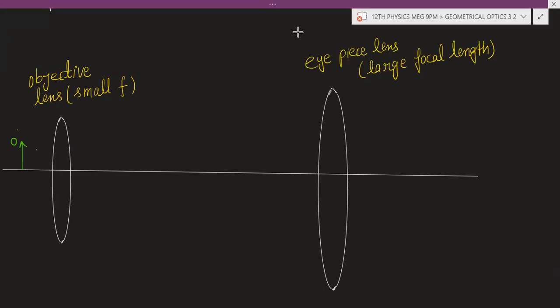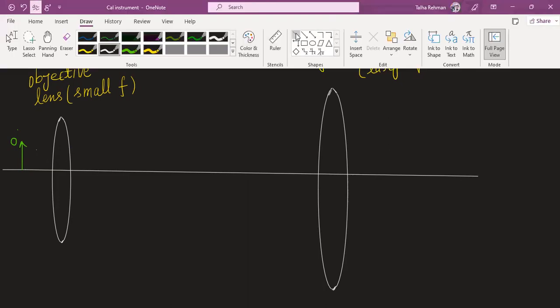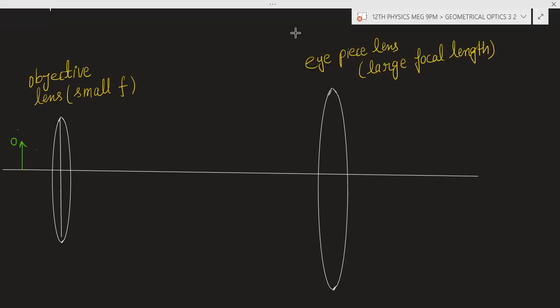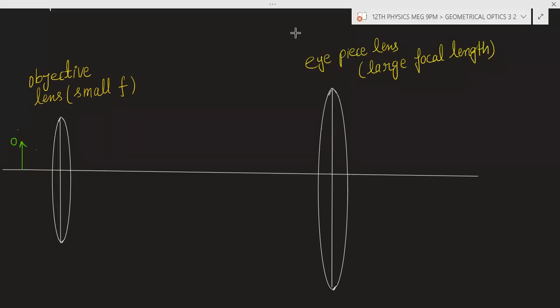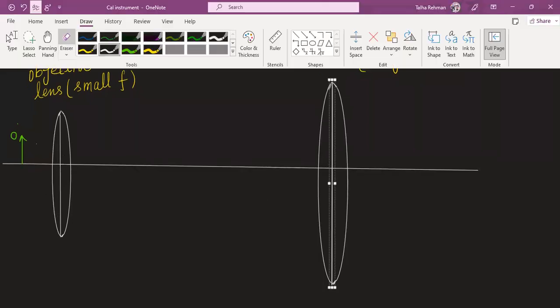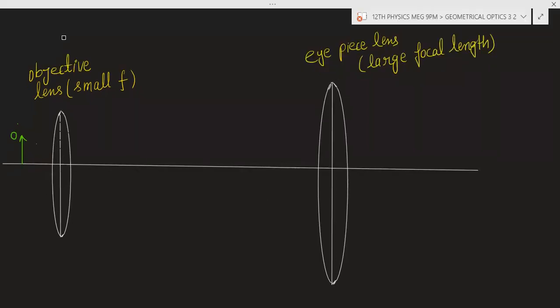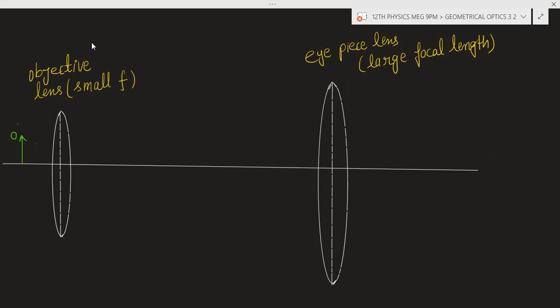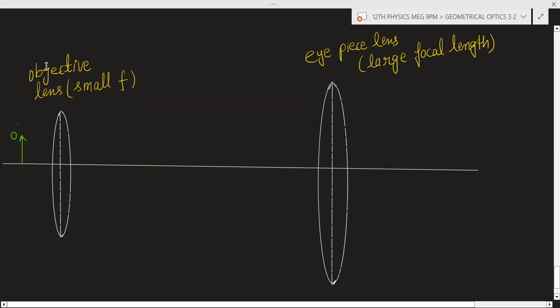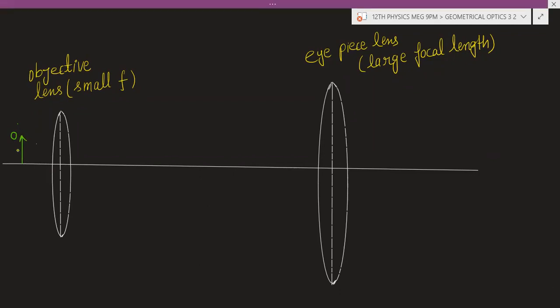First we will draw the straight lines like this. Now we will draw the image from this object. Two rays will be required for the image formation. Many times we have done this.